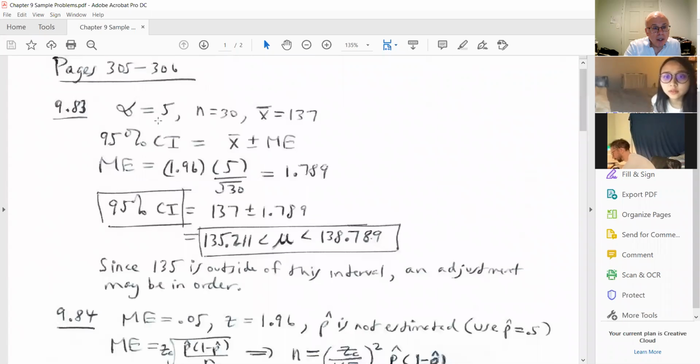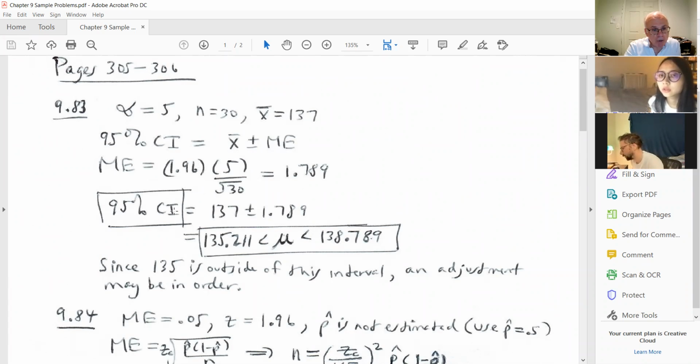All right, so the population standard deviation is 5, 30 is your sample size, and your mean is 137. This is the general formula for a confidence interval: sample mean plus or minus the margin of error. The margin of error is the critical value times the standard error.